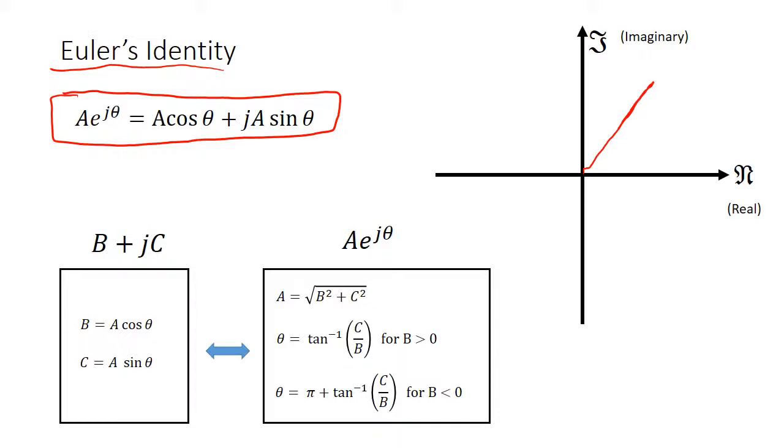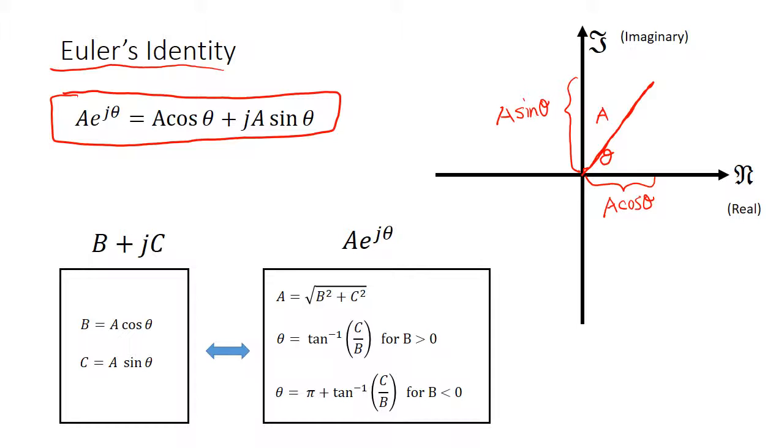Say the vector looks like this, with a length a at an angle theta. And what it's saying is that you can find the real part by taking a times the cosine of theta, and the imaginary part by taking a times sine theta.